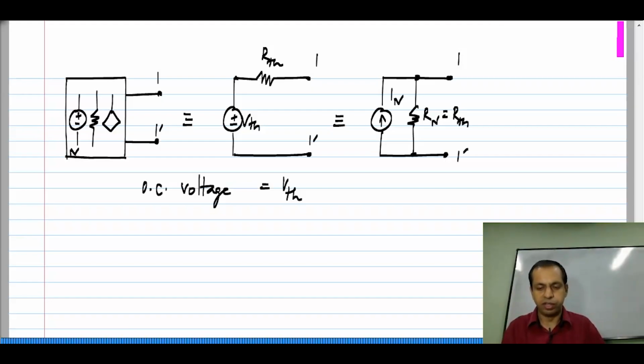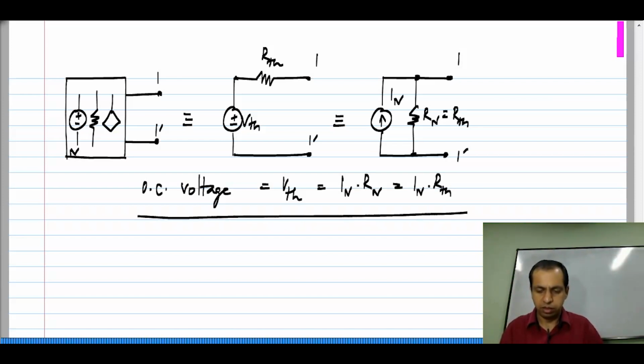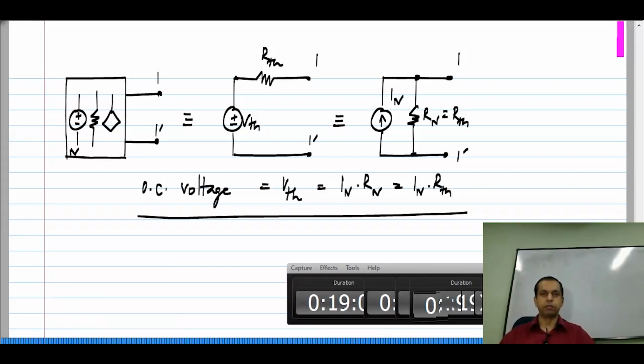No current flows through RTh, VTh is the open circuit voltage. In fact, that is the definition of VTh. And in this case, if you do not have anything connected to 1 and 1 prime, all of this IN flows into RN. Okay. So, the voltage across 1 and 1 prime is simply IN times RN or IN times RTh. Okay. So, this is the relationship between the Thevenin voltage and the Norton current of a given circuit.